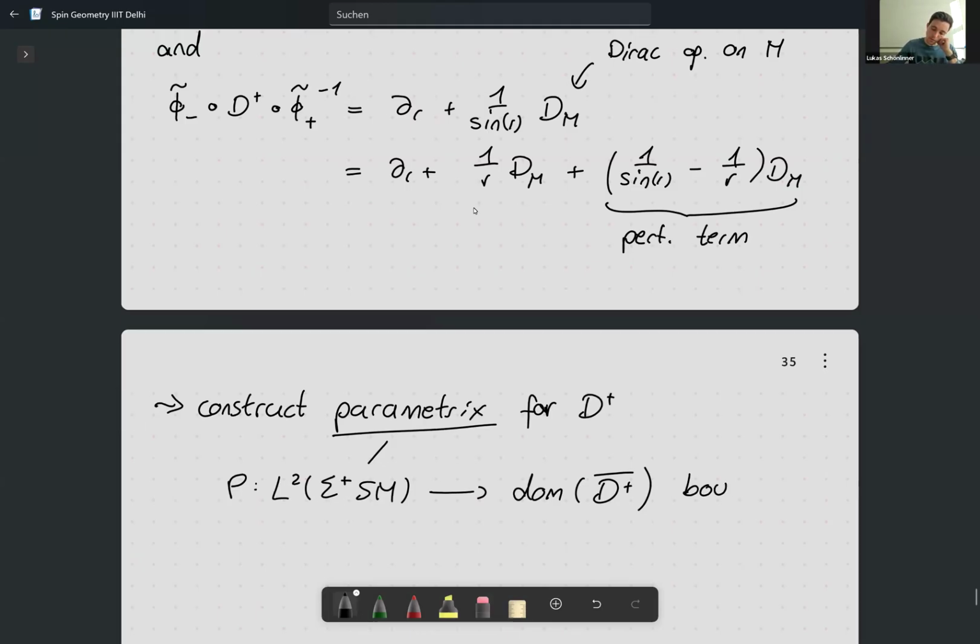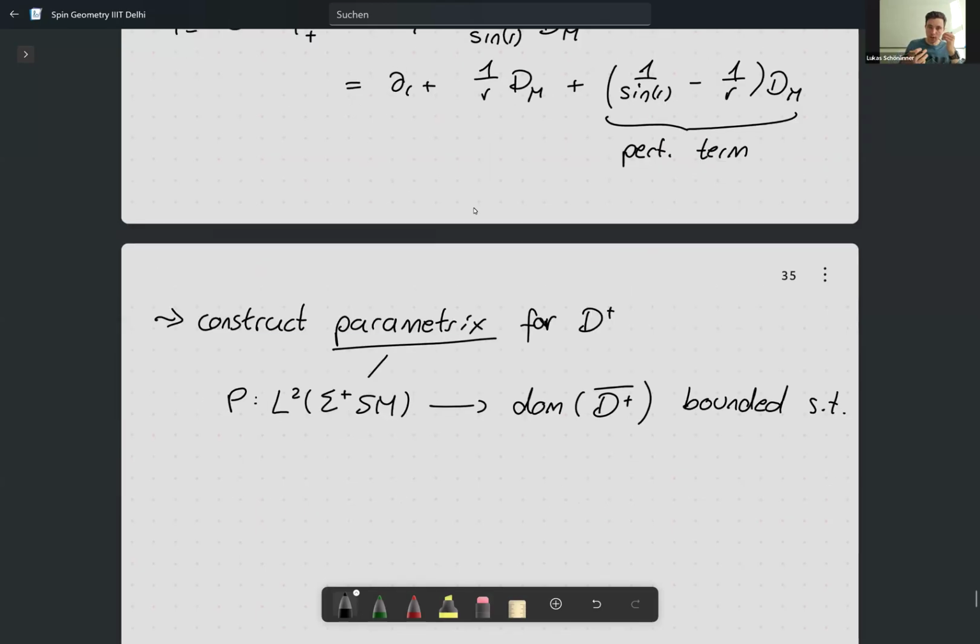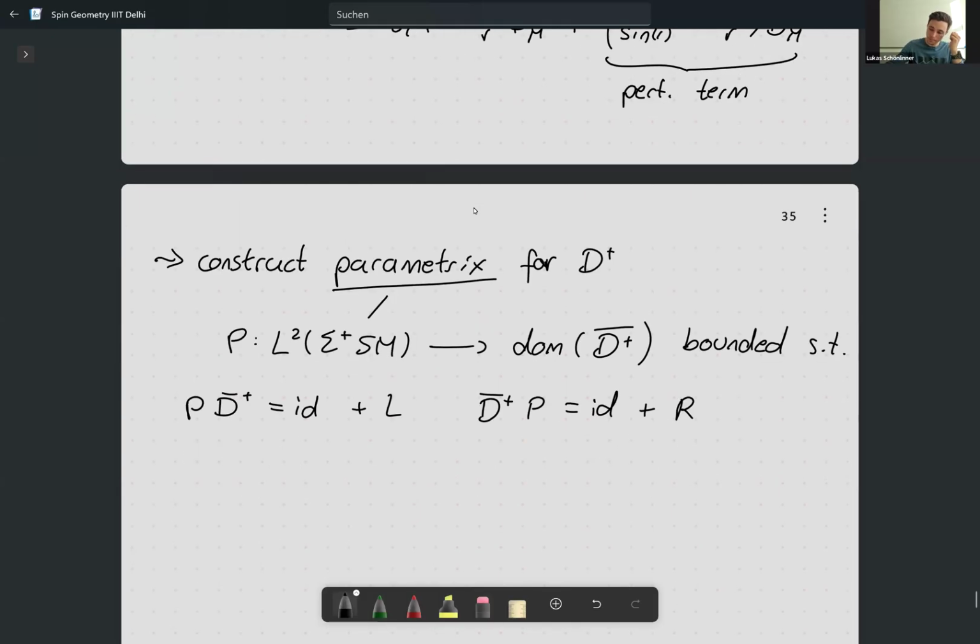So this should be a bounded operator that is kind of an inverse operator up to compact operators, meaning that P applied from the left is identity plus some additional term, and P applied from the right is also identity plus some additional term, and these additional terms are compact operators.